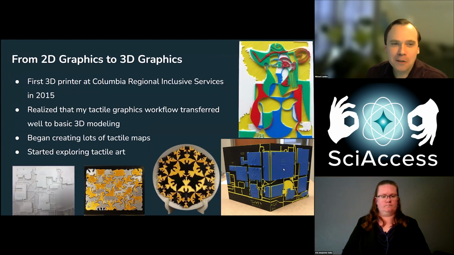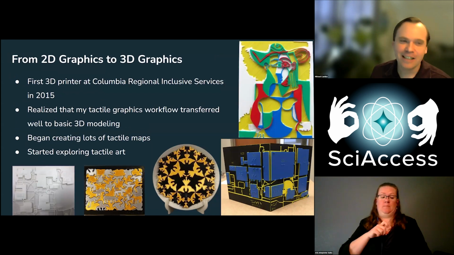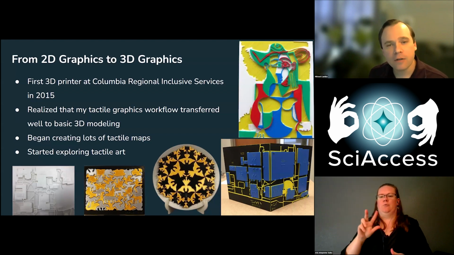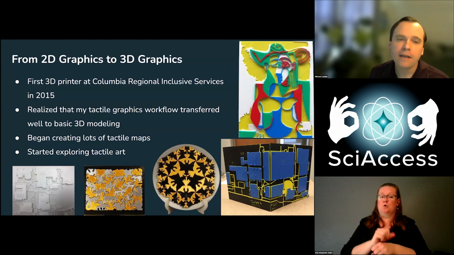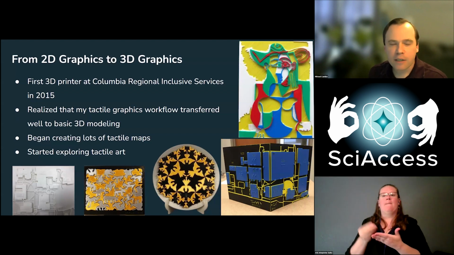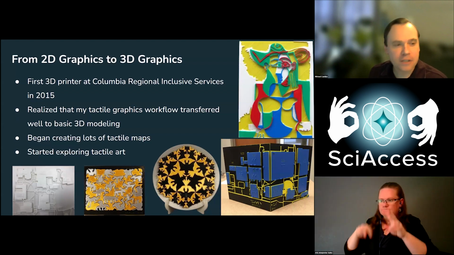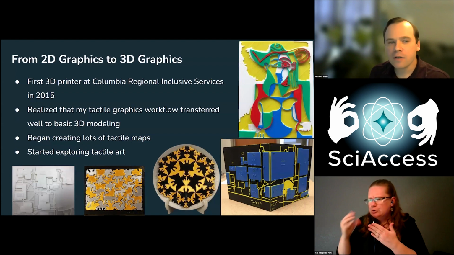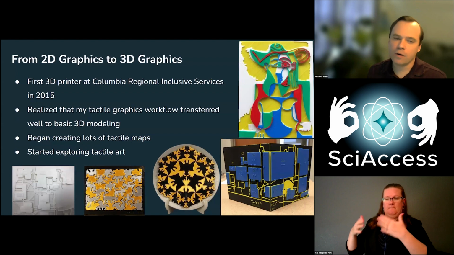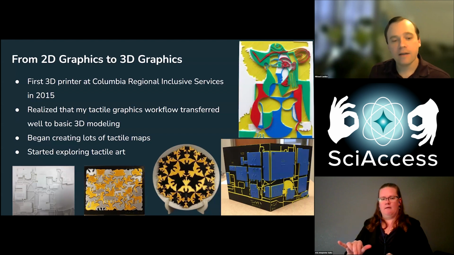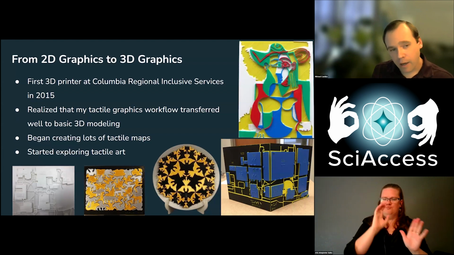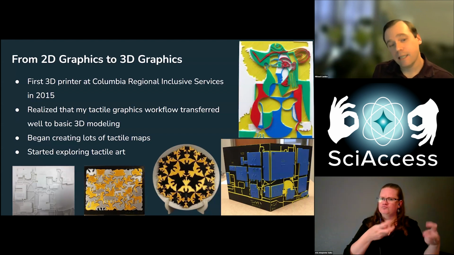So my journey from 2D graphics to 3D graphics started when I got my first 3D printer. I was working at Columbia Regional Inclusive Services here in Portland, Oregon. And in 2015, we bought our first 3D printer and did a bit of exploring about how we could use this with our students. After some experimentation, I realized that the tactile graphics workflow I had been utilizing to create these raised line drawings, like what we looked at on the previous slide, transferred fairly well to some basic 3D modeling.